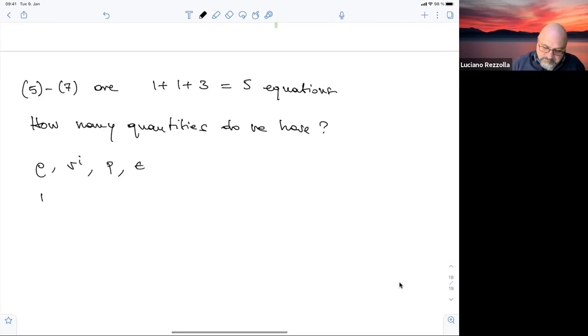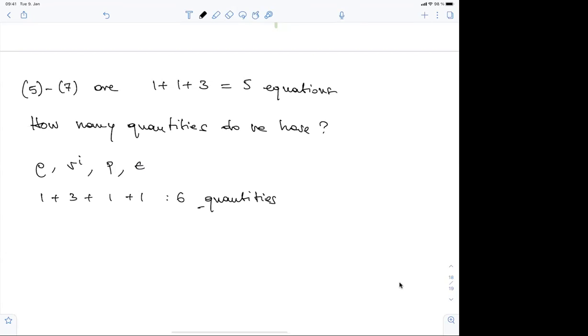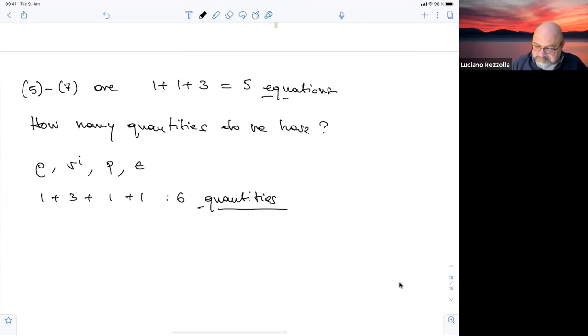So it's 1 plus 3 plus 1 plus 1. So these are 6 quantities and 5 equations. Either I made a mistake and I've lost one equation somewhere, or there is something else that is needed.